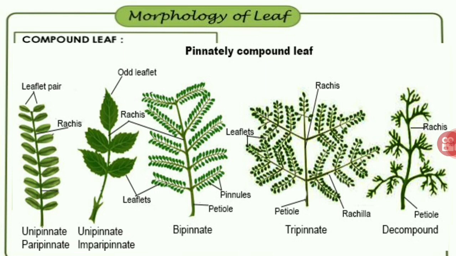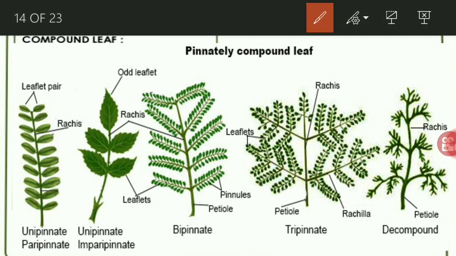The leaflets present may be evenly paired or they may be oddly paired. Evenly paired means the leaflets are arranged in an opposite manner and the rachis ends with two leaflets. It is called unipinnate paripinnate leaf.